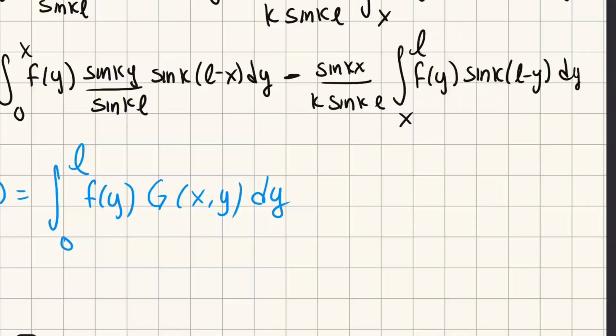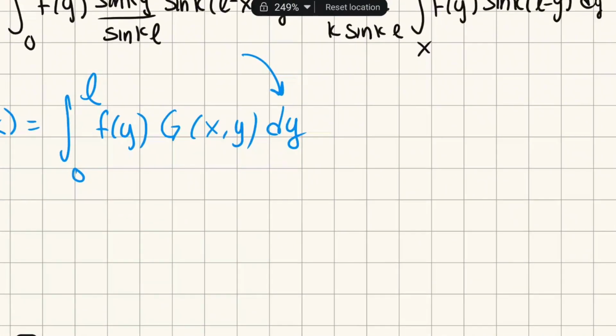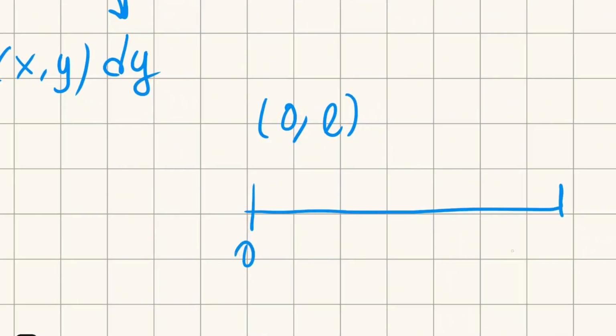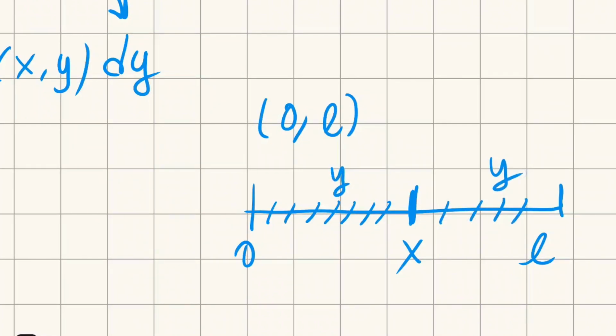Perfect. So with this, we can define a function that is valid on the interval from 0 to l. But we have here an integral over y, so this value of y is going to be changing in the interval 0, l, right? Actually, this interval goes from 0 to l, and it passes by the x. So here we have these different values of y, and here we have different values of y again.